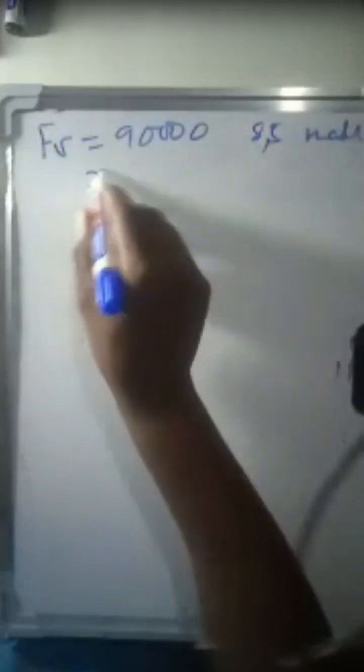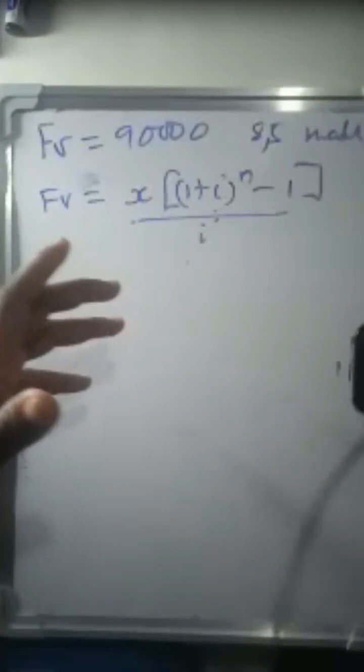So calculate X. So we know that future value is equal to X into 1 plus I to the power of N minus 1 over I. Okay? Then here we want to calculate X, the equal payments that this person is going to make. So what we need to do is to make X subject of the formula.